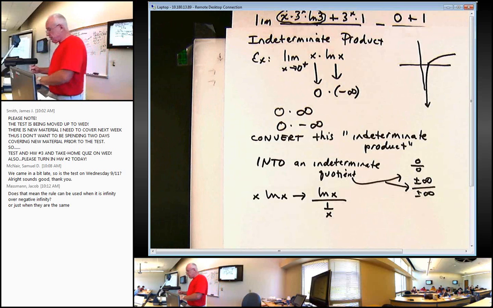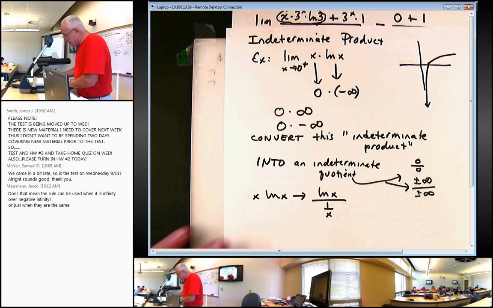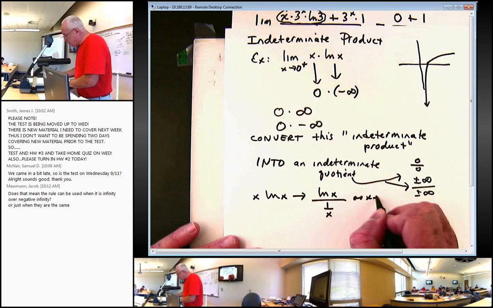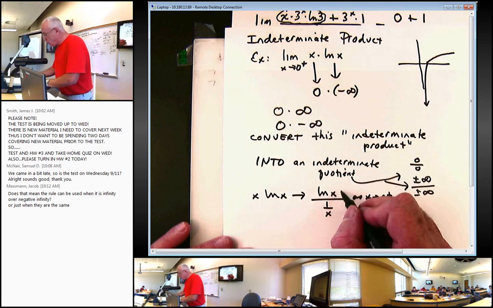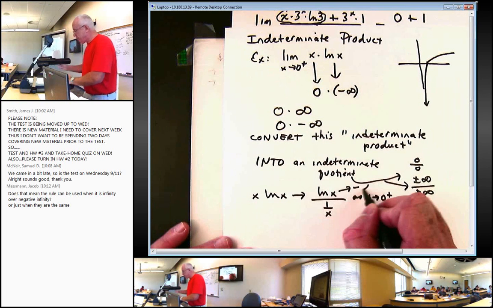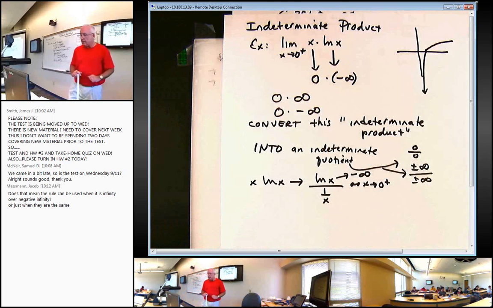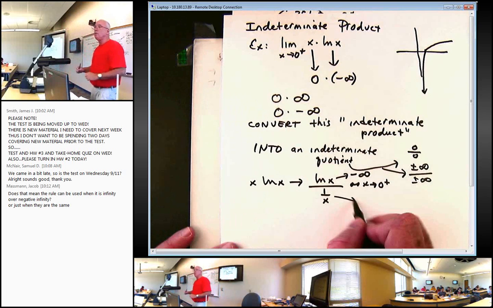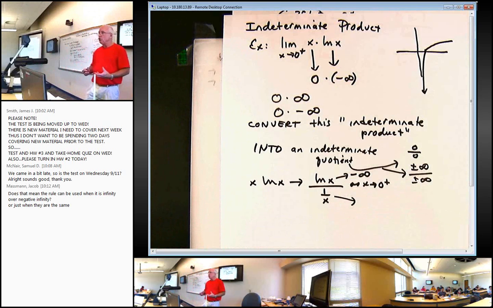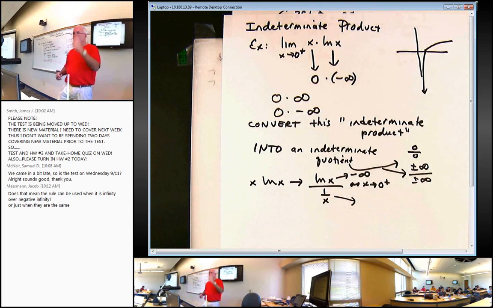Now, if we look at this, as x goes to 0 from the plus side, the ln of x goes to negative infinity. And what is 1 over x heading to when x gets smaller and smaller in the denominator?